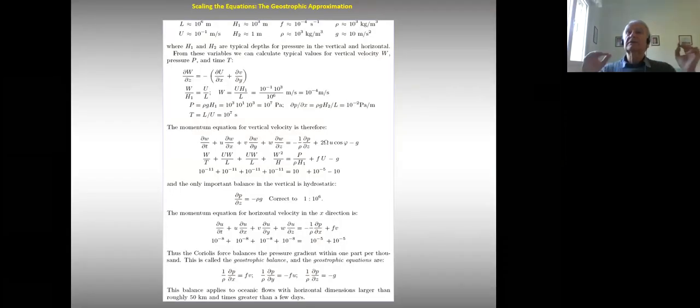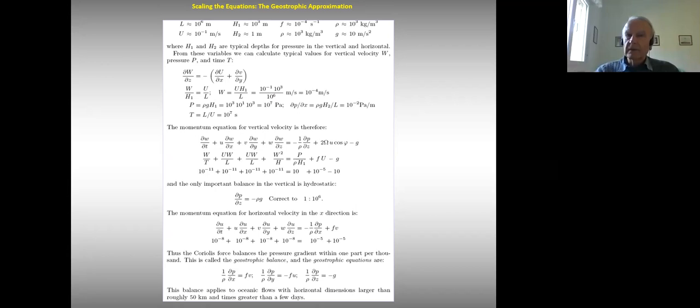So let's see under which conditions, or which kind of time and space scales, the flow is described, or is a very good approximation, by the geostrophic flow. So the geostrophic flow, how do we get that?